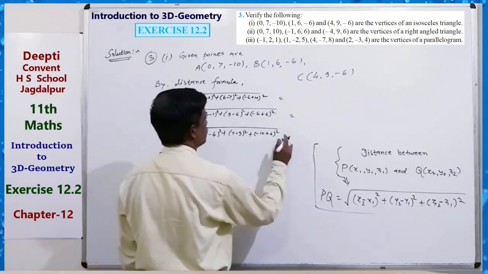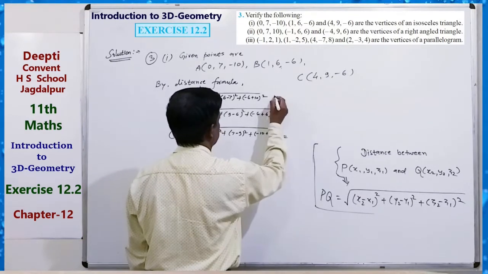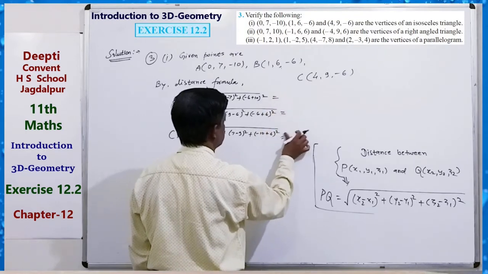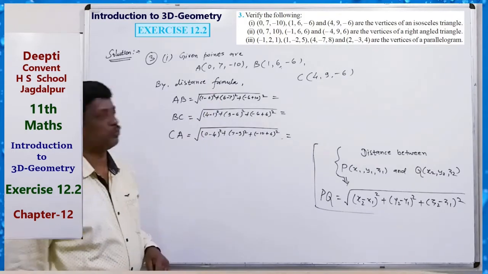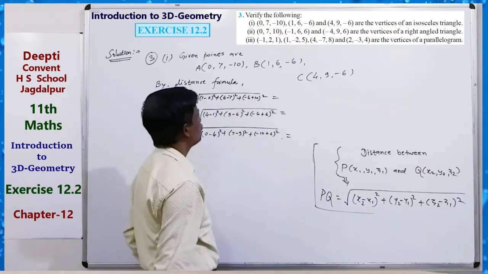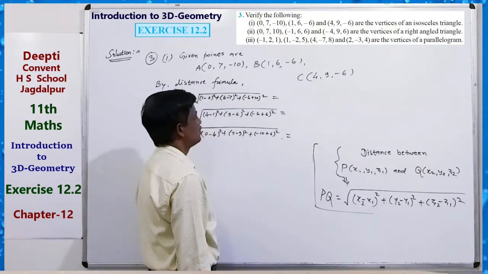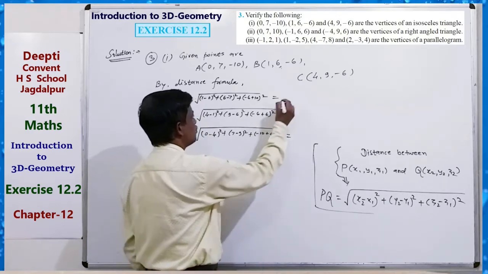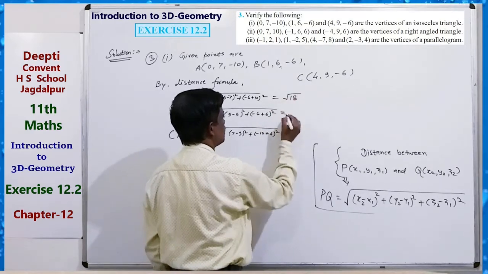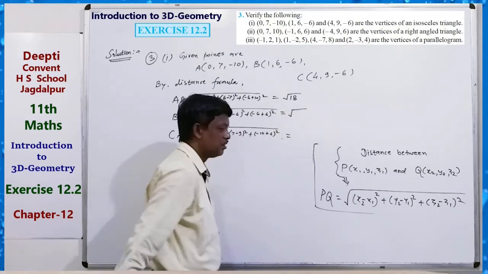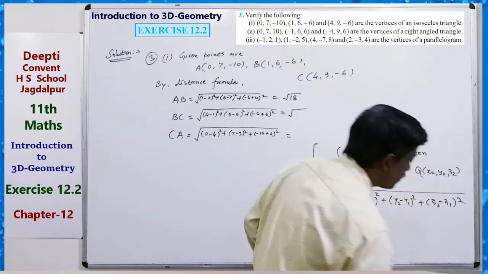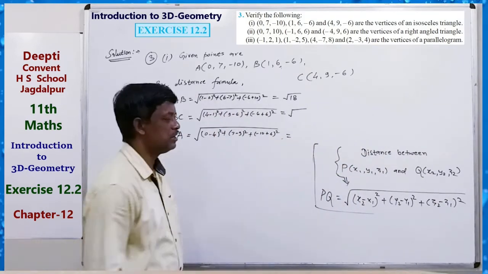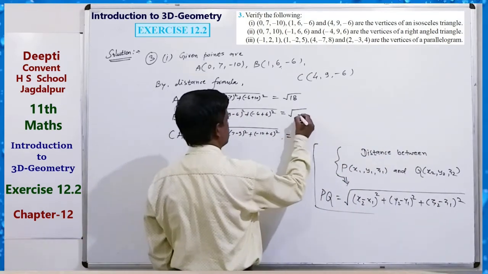This equals 1 plus 1 plus 16, root 18; this is root 18, and this is root 18 again, and root 36.